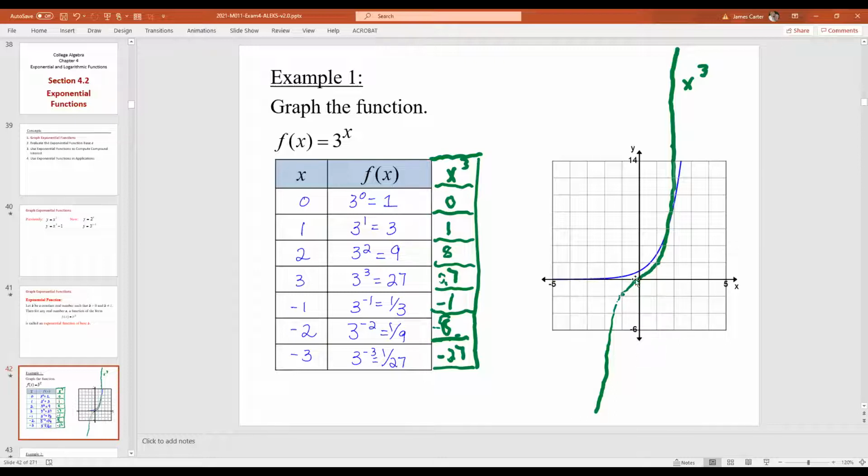Now this one, the horizontal line goes by standard. So if x is 2, then y is up to 9, or 3 squared. And if x is 3, we're way up here at 27. So you can see the graphs of exponential and just powered functions are very different.